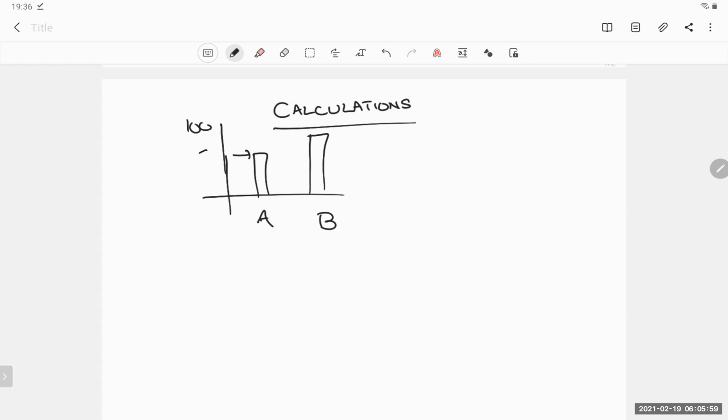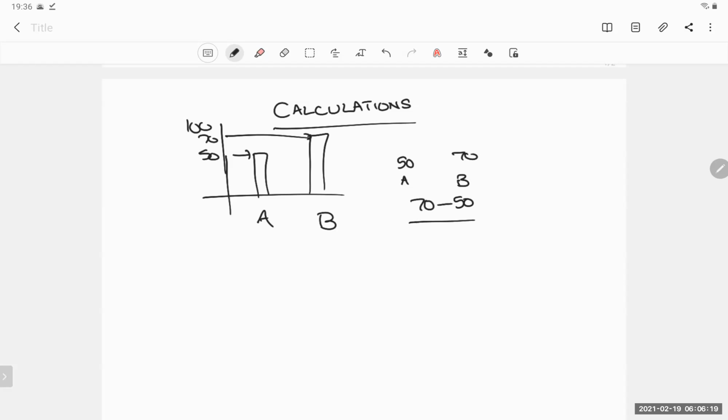Let's say A has scored 50 and B has scored 70. The question could probably be how many marks did B score more than A in terms of percentage.